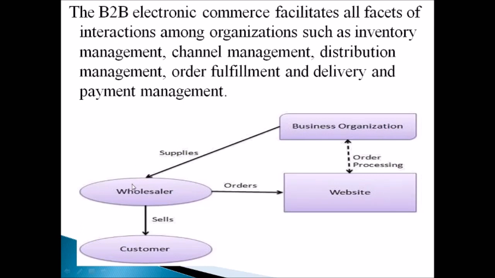So here the wholesaler is also a part of business. Mainly we are going to focus on the business between wholesaler and business organization, and from the wholesaler the customer can receive their product. Okay, so this is the communication between business to business in this transaction.